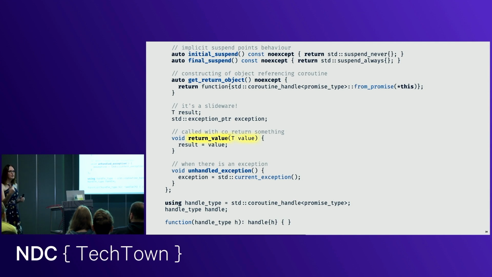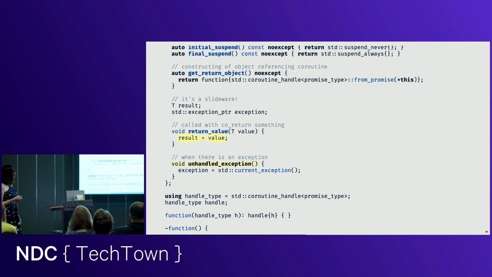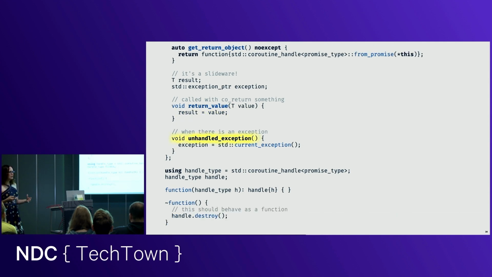You can send it over the network. You can log it. You can just throw it away. It's up to you as author. And there is another one, unhandled_exception. Because the body of the coroutine function is wrapped in a try-catch block, if you throw any exception, this function will be called, and you can take the exception pointer and store it to throw it later. But you can actually put std::terminate there and just terminate the code because you don't care about exceptions.